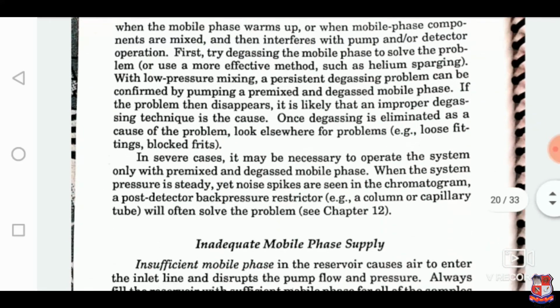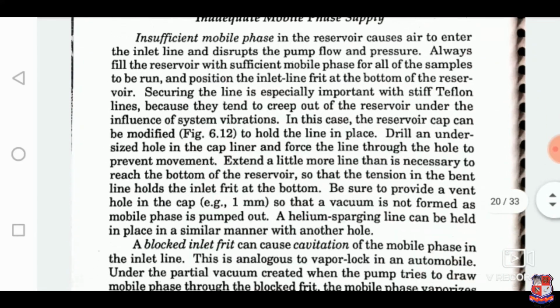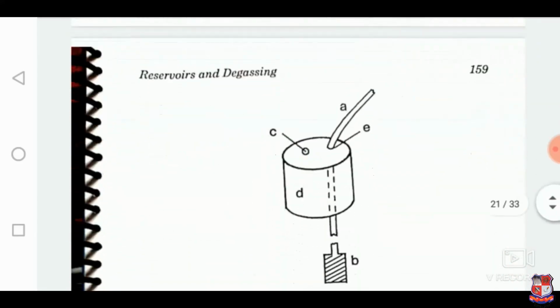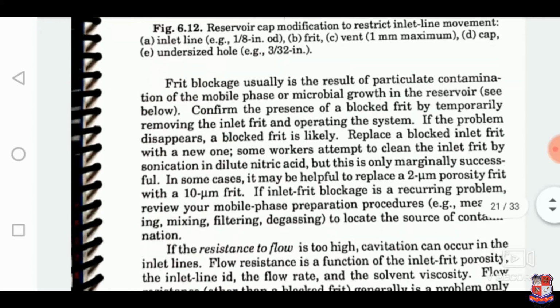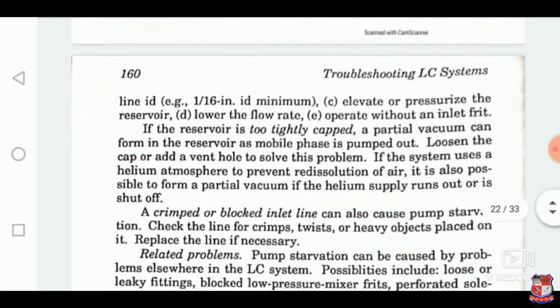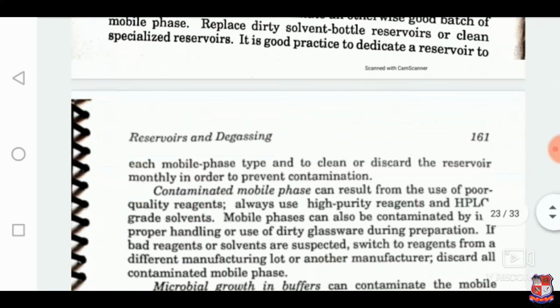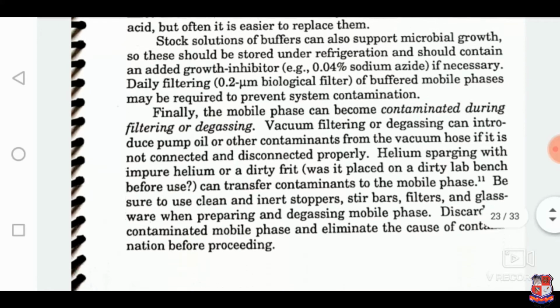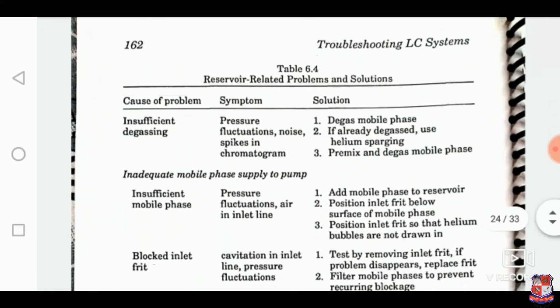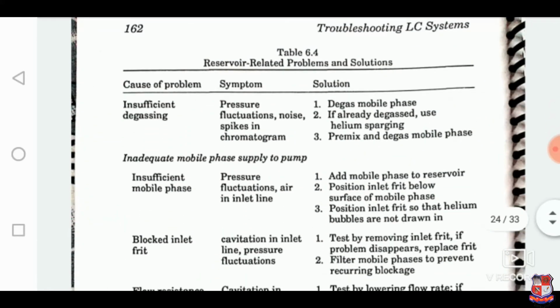Insufficient degassing may cause an inadequate mobile phase supply. These are the reasons for the problems. Resistance to flow and contamination of the reservoir and mobile phase are another kind of problem. So what are the problems and solutions? Causes are there, symptoms are there, and solutions are there.